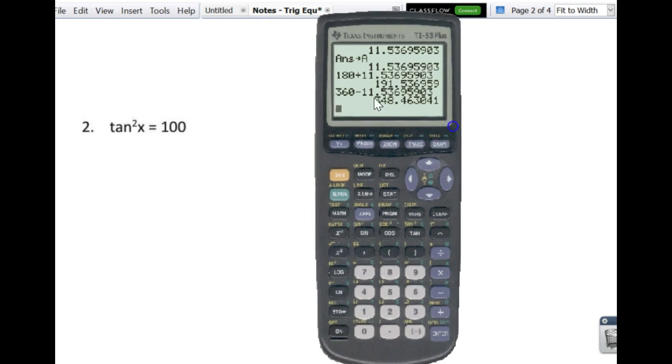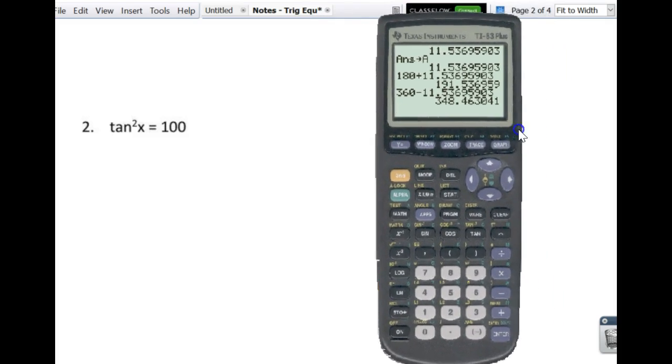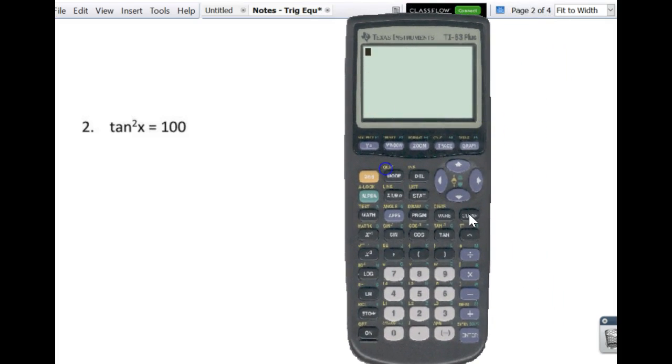So now, okay, what am I going to do to solve this? So when I square root 100, so I get plus or minus 10. It's not the answer.